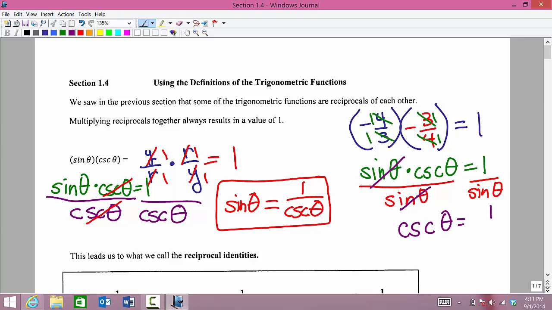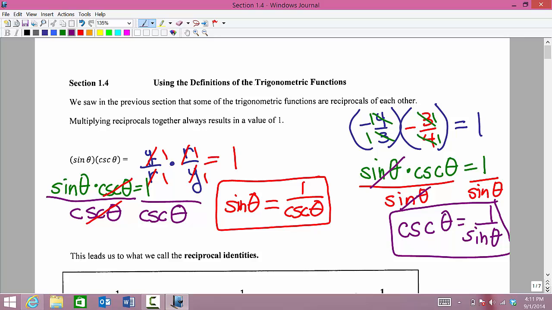Cosecant theta is equal to 1 over sine theta. So these are what we would call the reciprocal identities because it works with the idea of reciprocals. If I multiply two reciprocals together, we get a +1. If I multiply sine theta times cosecant theta, these are reciprocals of each other, I get a +1.